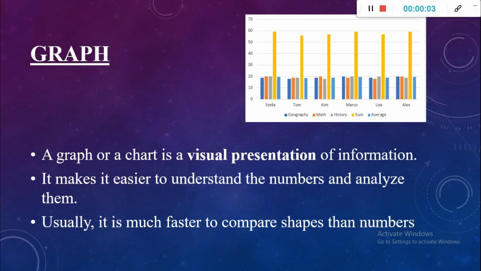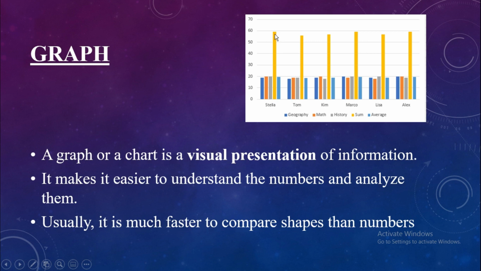Usually it is much faster to compare shapes than numbers. So we have already discussed that. If we have a chart or a graph, here we consider Stella's total marks, okay? This one. So now consider the total marks of Tom. If we are comparing both the total marks, we can see Stella has more marks, right?